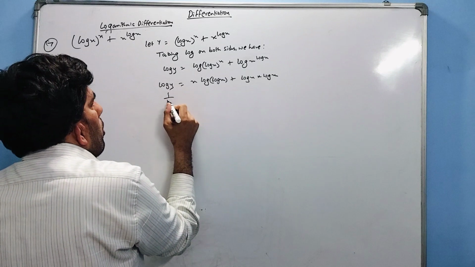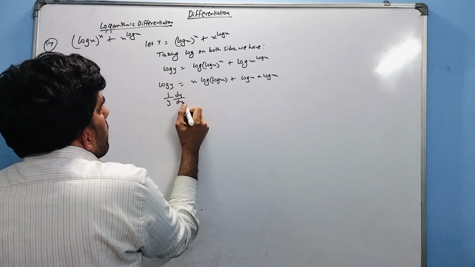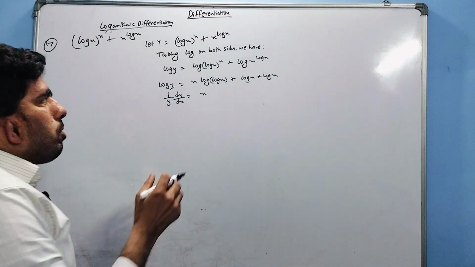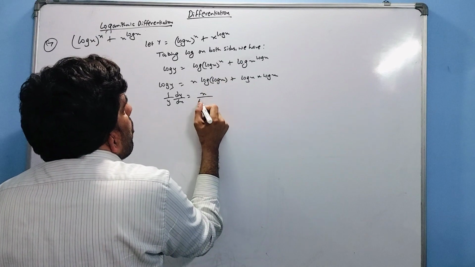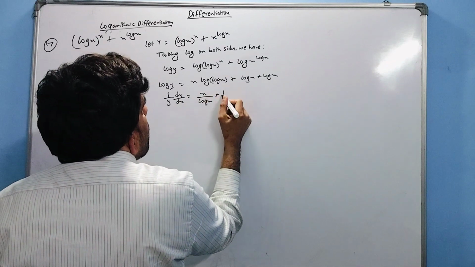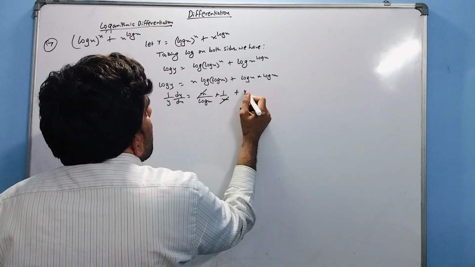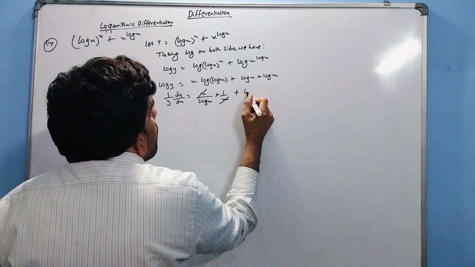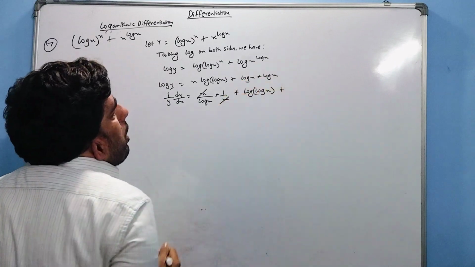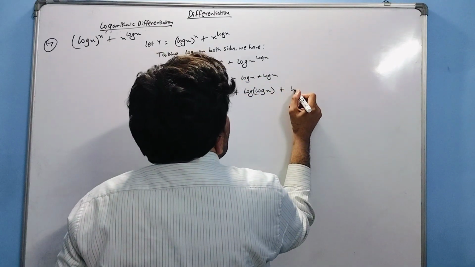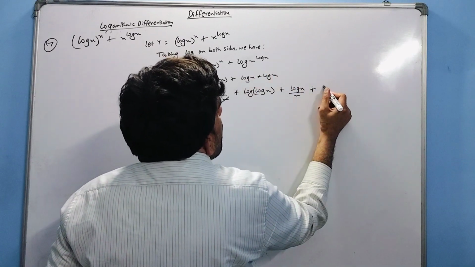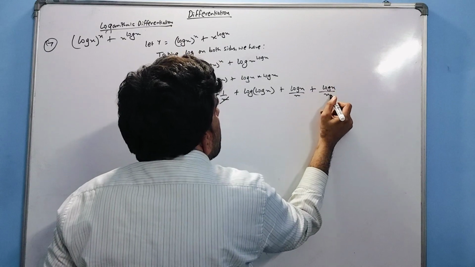We got 1 upon y dy upon dx is equal to x. We'll use here product rule. So x into log x differentiation 1 upon log x into, we have log x into 1 upon x plus limit and differentiation of x will be 1. So we have log of log x. Here also will apply that same thing. Log x into differentiation of log x will be log x upon x plus that log x, it will be log x upon x we have.